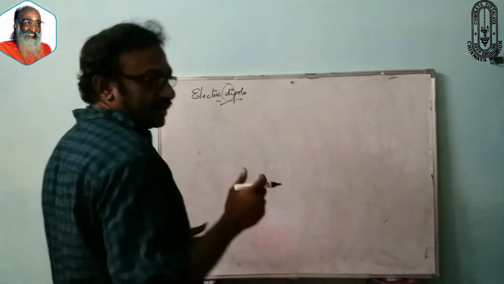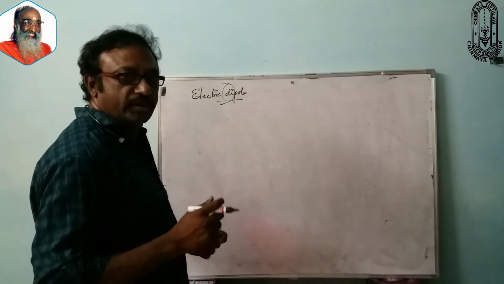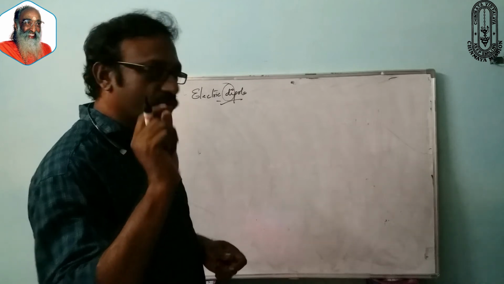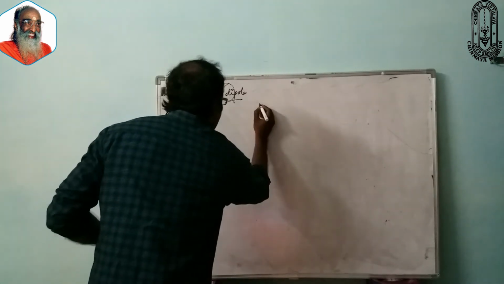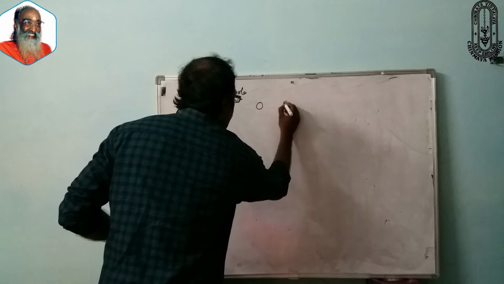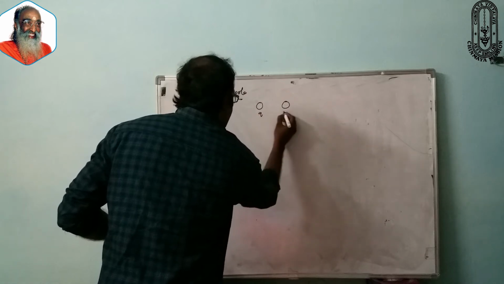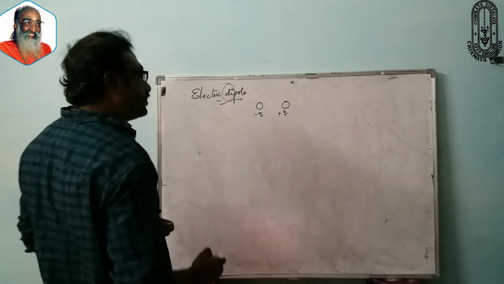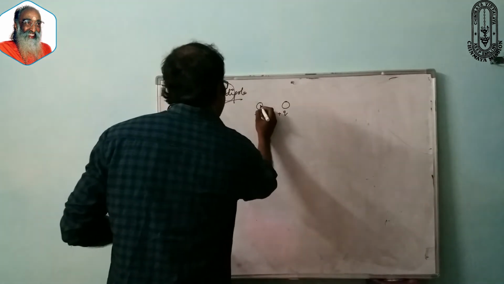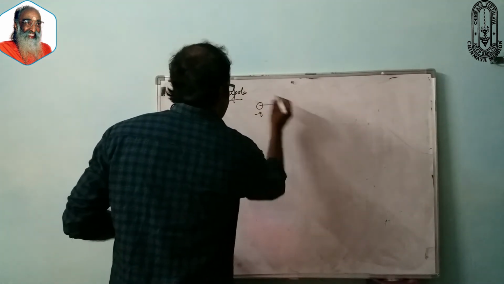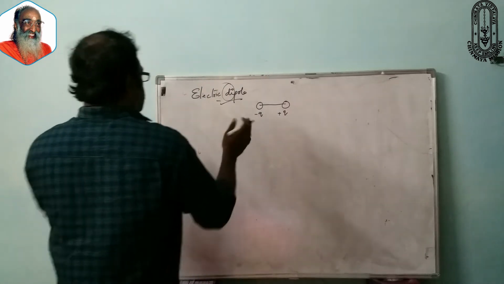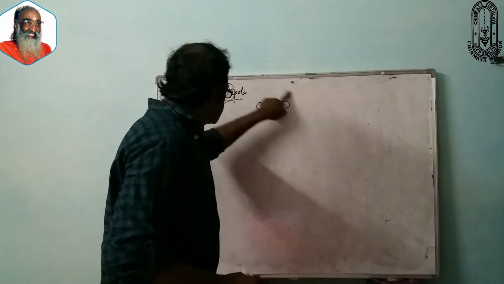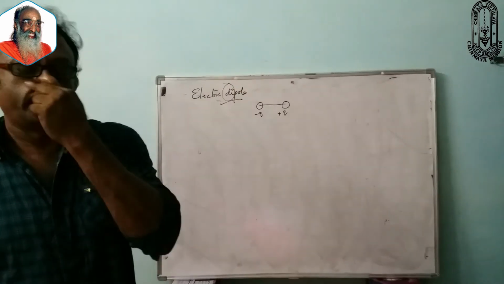By definition itself, we can understand: two equal and opposite charges separated by a small vector distance is called an electric dipole. Now we will be calling this system an electric dipole.